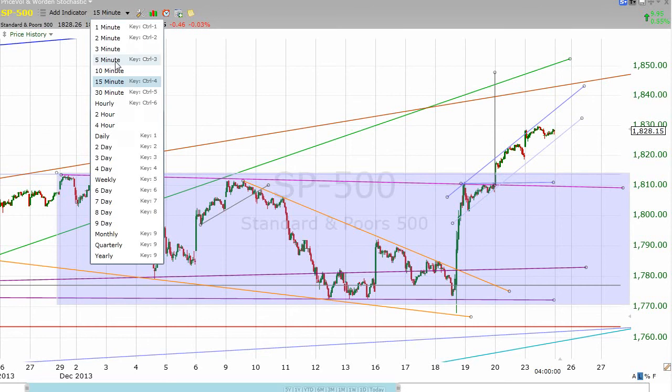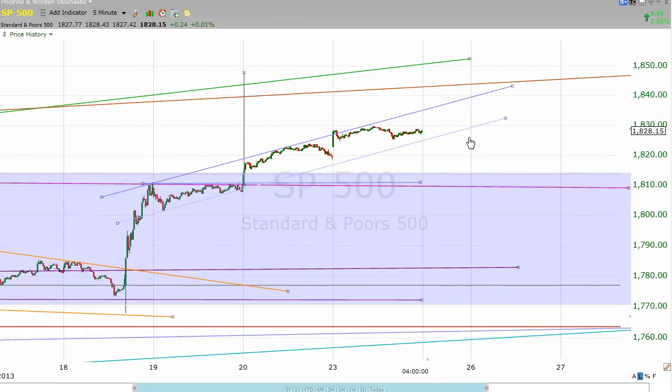Zooming in a little more, we placed this resistance line on the chart over the weekend just with the idea that because we'd had two little touches, one was actually the high on Wednesday, the other was the midday high on Friday.